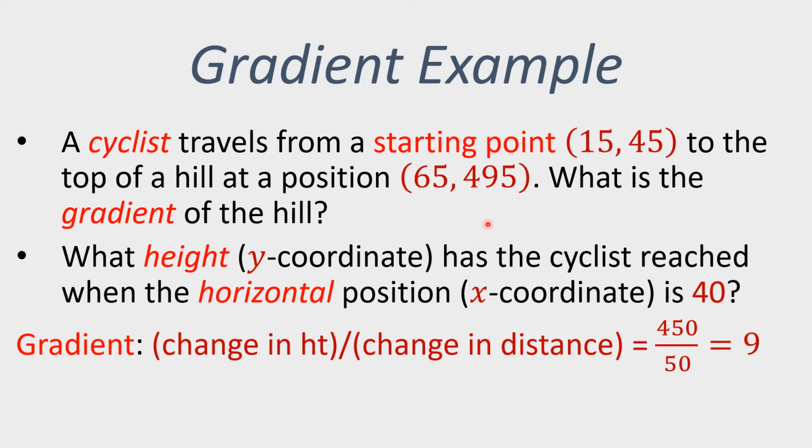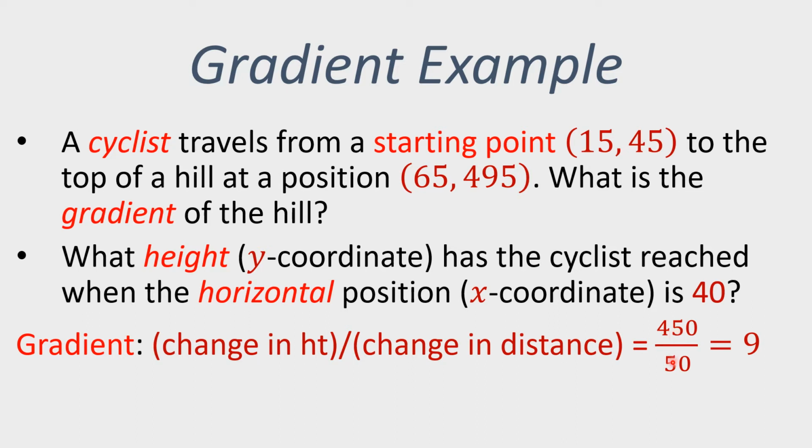So in this particular case, we take the height reached, 495, we subtract the height started from, 45. 495 minus 45, that's 450.